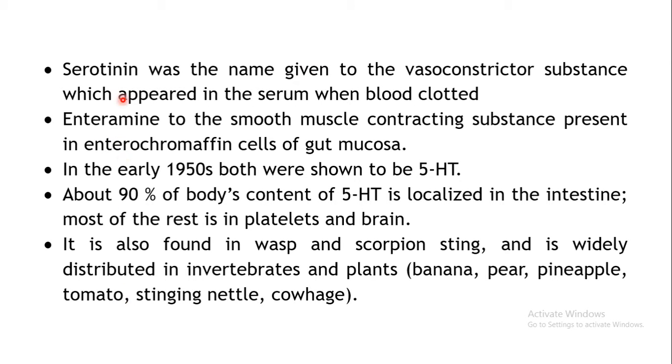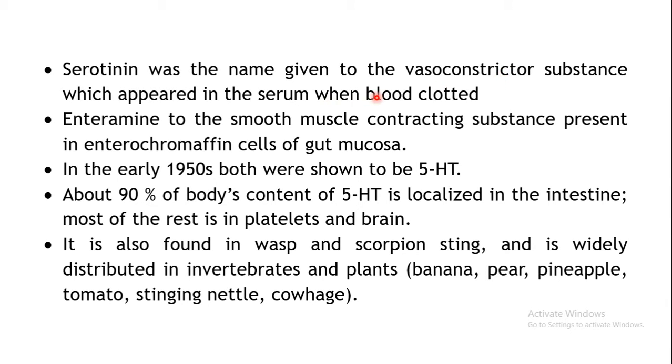Okay, so to start with the introduction, now this serotonin, when it was discovered way back before the 1950s, two different studies were carried out parallelly. In one study the name was given to a particular chemical which was found in the body, and it used to produce vasoconstriction.